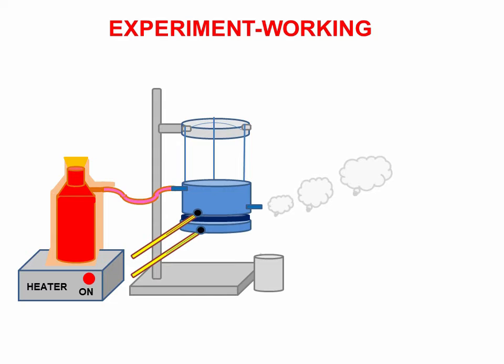Due to condensation, water droplets are formed. These droplets can be collected in the beaker. Now look at both thermometers. We have to wait till they attain steady state temperature. That is, the temperatures should not change at any cost.